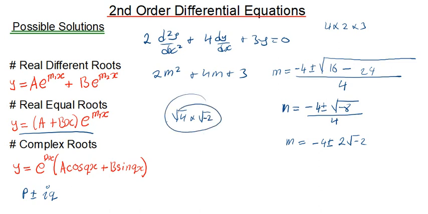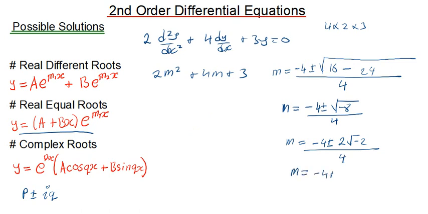This and that are one and the same thing, so the square root of 4 is 2, then the other part remains. So we are still dividing by 4. So I can write this as m is equal to minus 4 positive or negative 2 root 2 i there. Then we are dividing by 4.